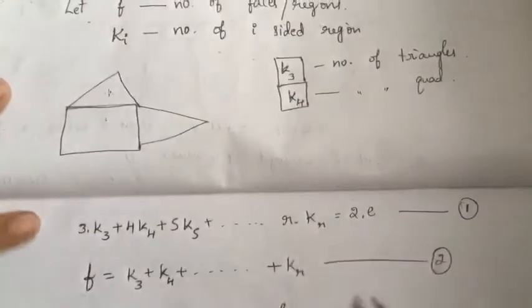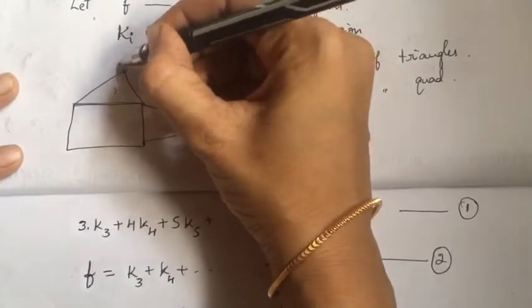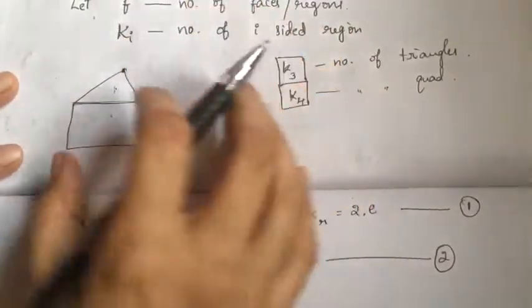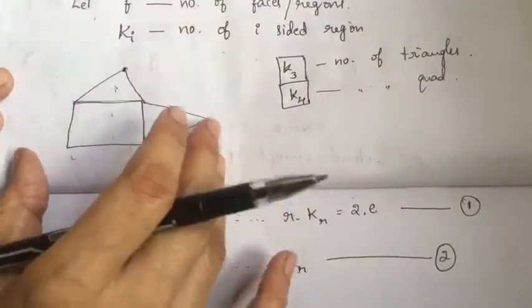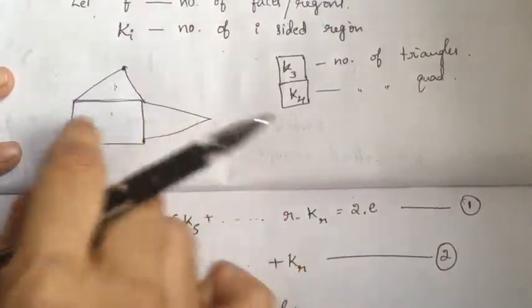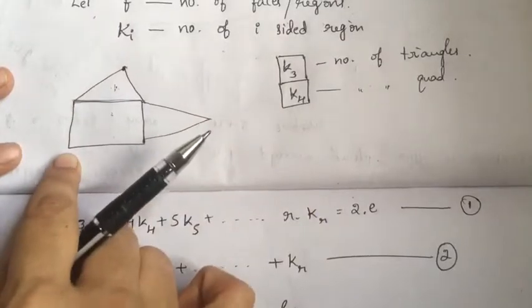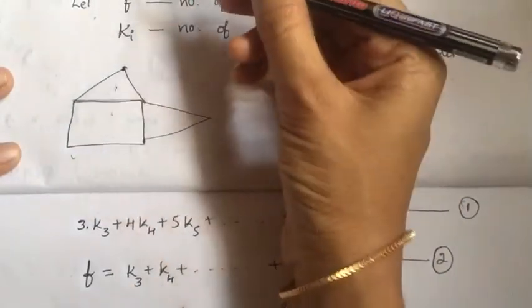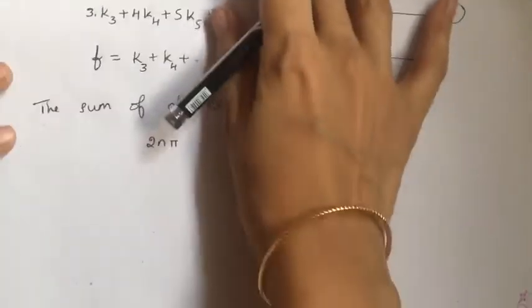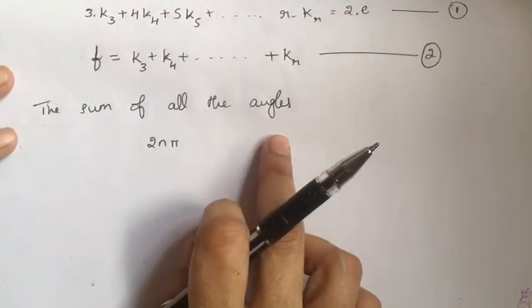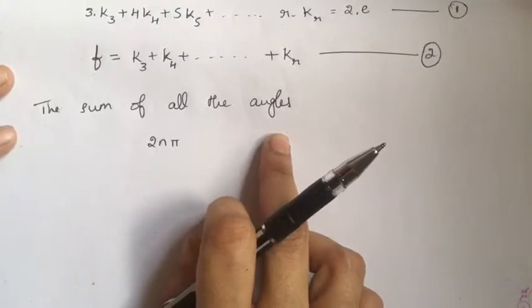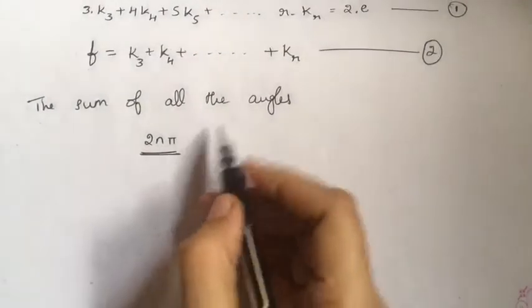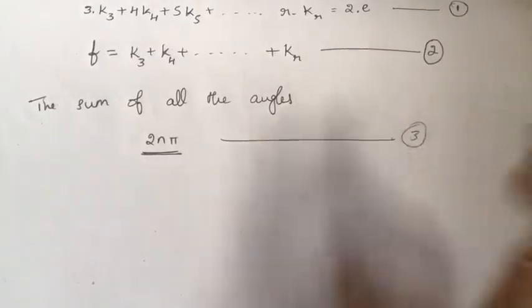See, if I consider one vertex, then the total angle at this vertex is 2 pi. There are n such vertices, so the sum of all the angles at each vertex in the polygonal net is 2n pi. Okay, now this you should remember.